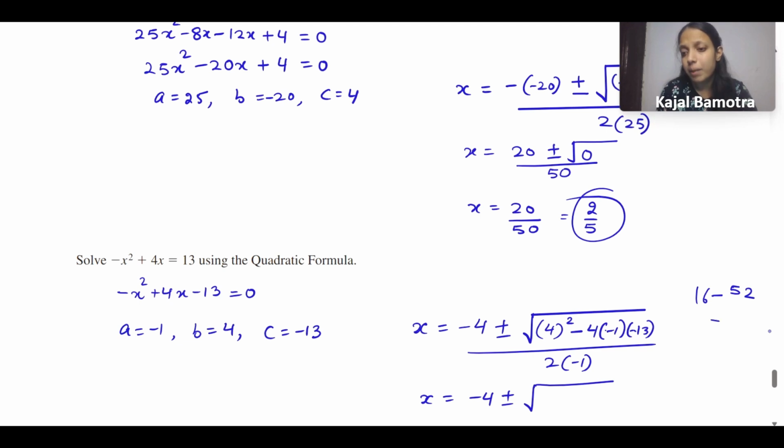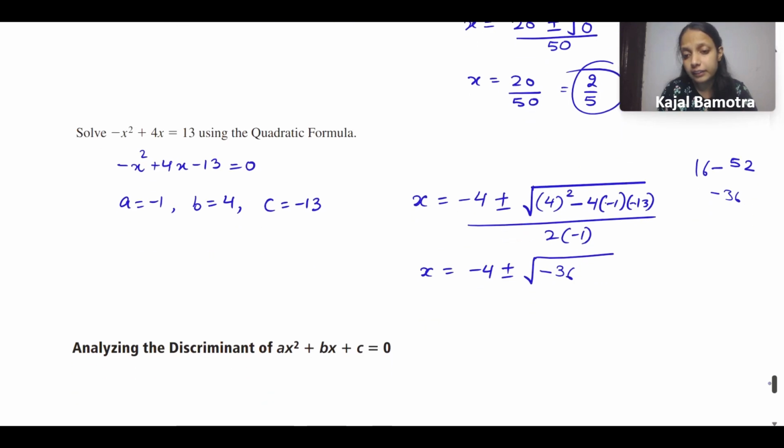It is minus 36. So square root of negative 36 over 2 times negative 1.